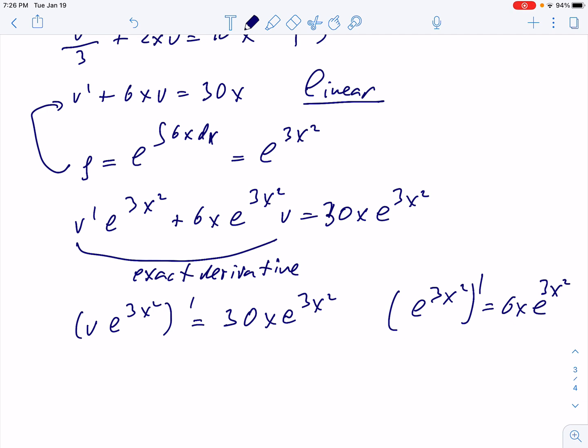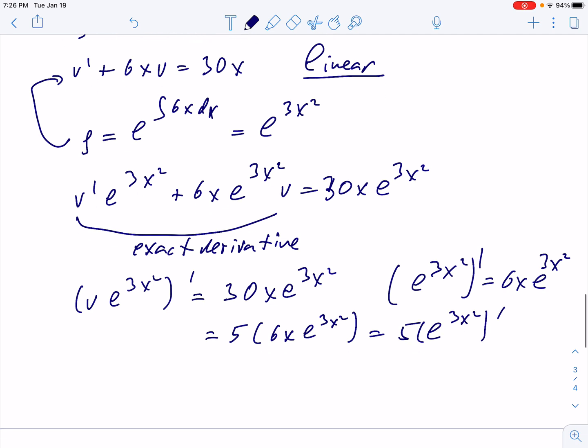Okay, now we have to integrate, but before we approach integration, we notice that the right-hand side is also an exact derivative. We can write the right-hand side like 5 times 6x exponential 3x squared, and remember, we just found that this is a derivative of exponential 3x squared.